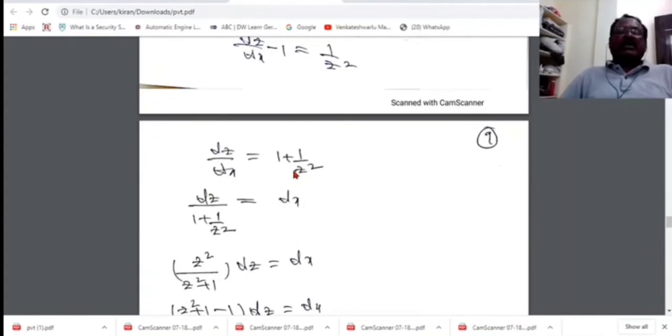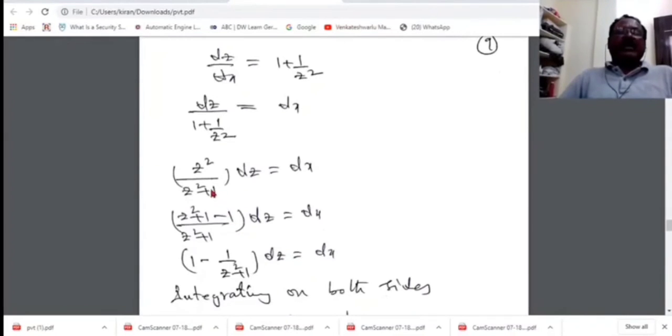This is the pure variable and separable method. Here the variables are z and x. So dz by (1 plus 1 by z square) is equal to dx. Doing the LCM, after simplification, z square by (z square plus 1) dz is equal to dx.